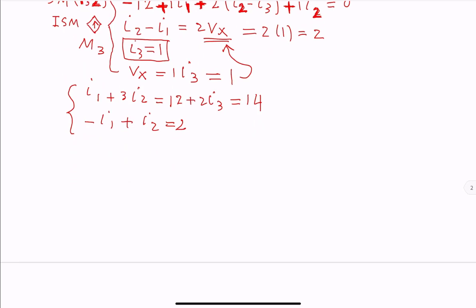Add these 2 equations together. I1s cancel out. We get 4I2 equal to 16. So I2 is 4 amps.